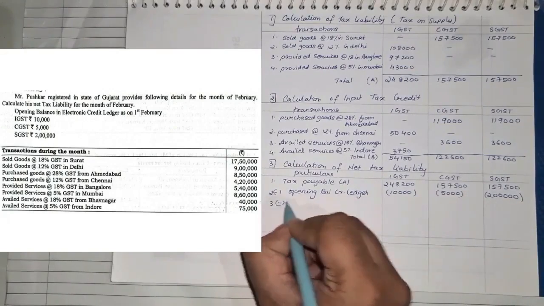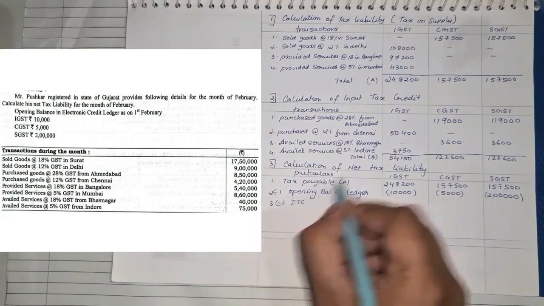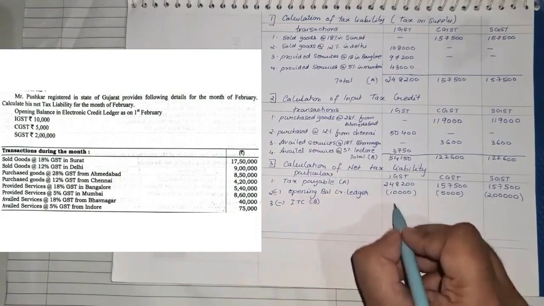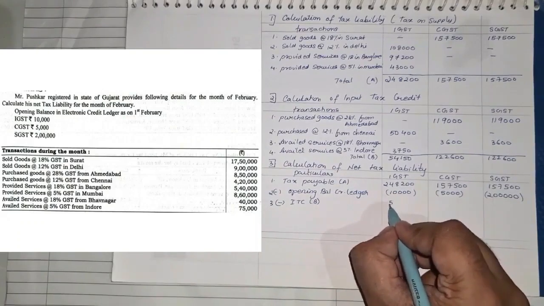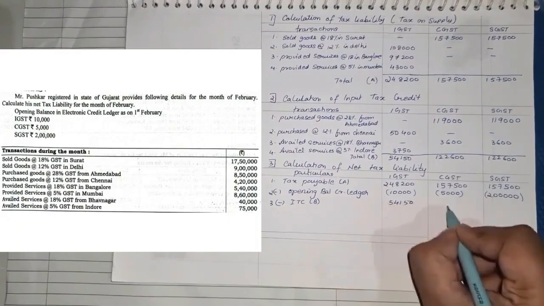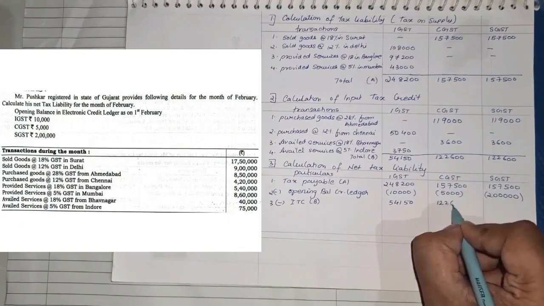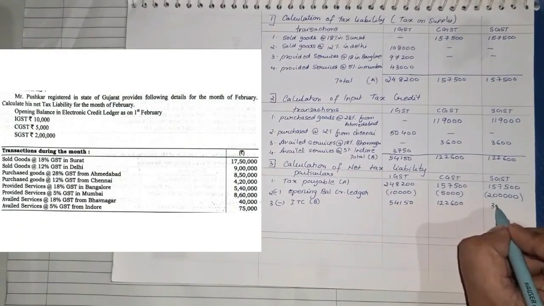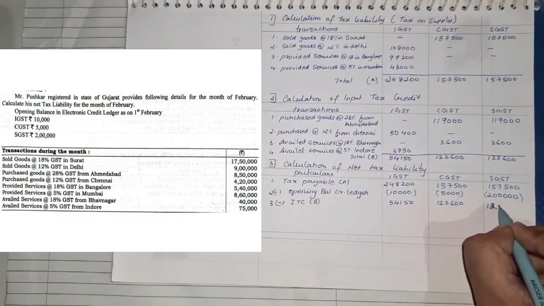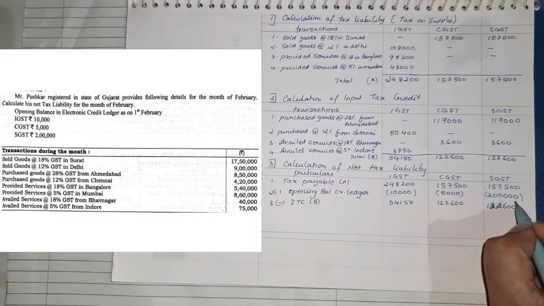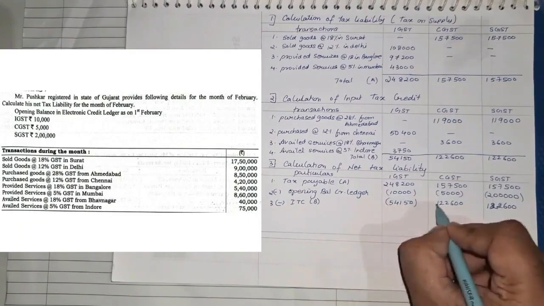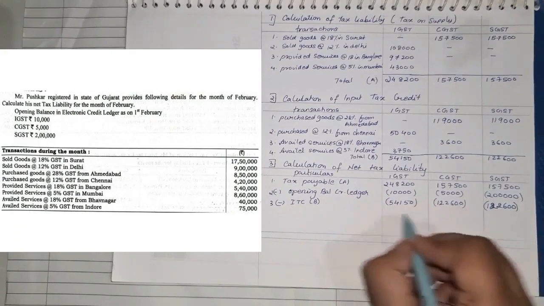Third step, again we have less ITC, that is your answer B that we had got. So that was 54,150, 1,22,600 and 1,22,600. Since it is again less, so we'll put all in brackets.